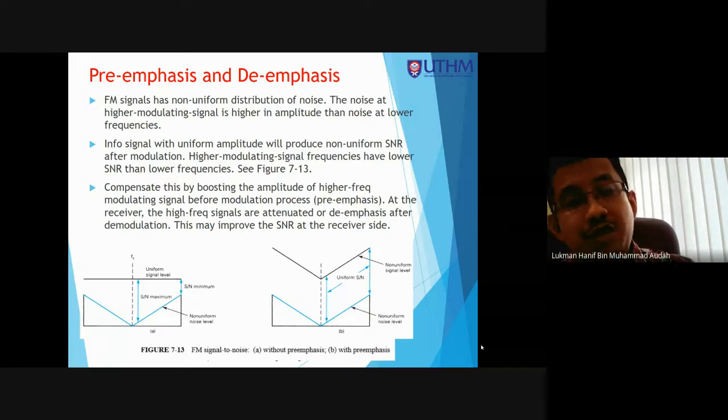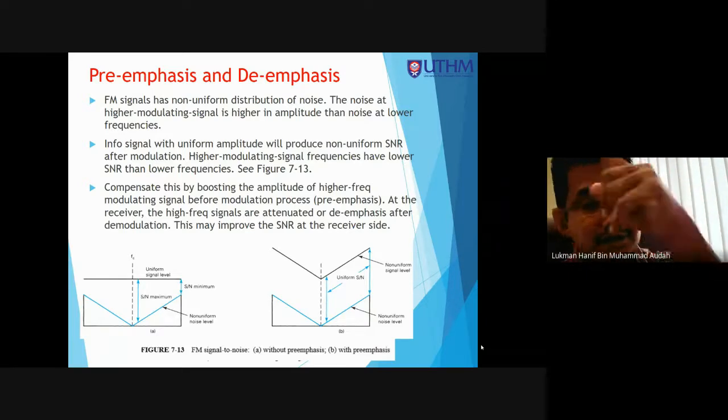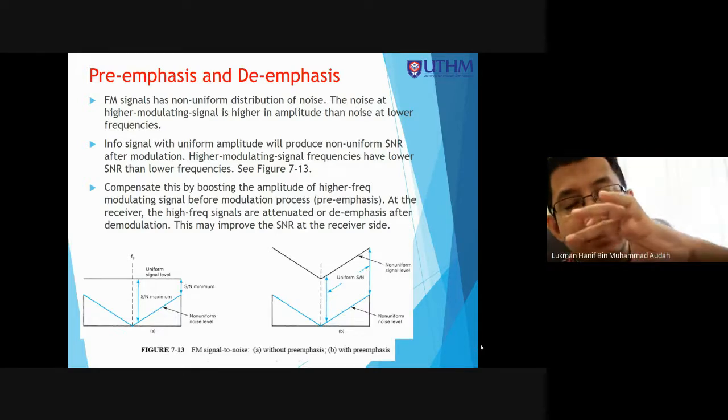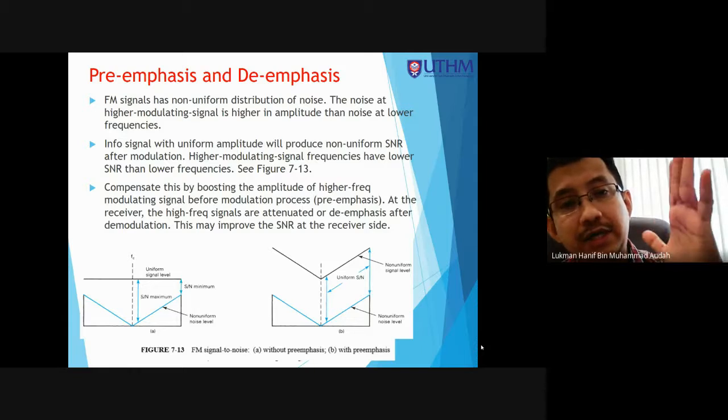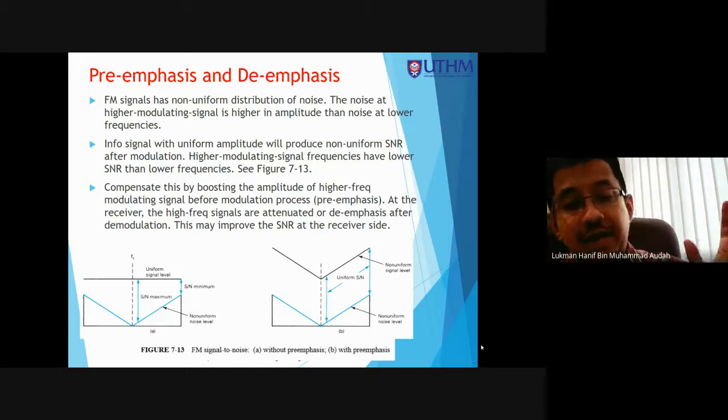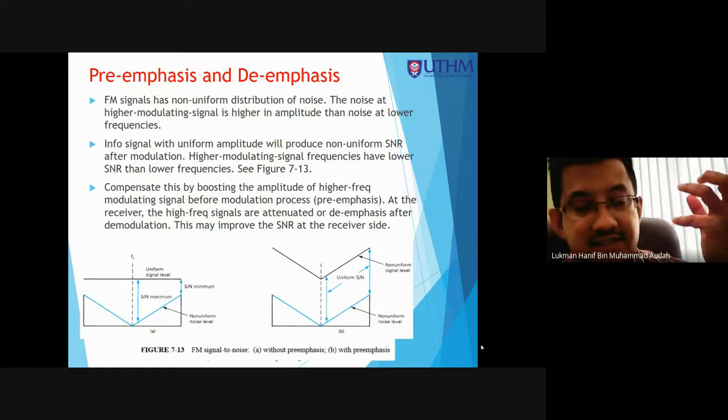And then we reduce it again at the receiver with the same amount of factor. Okay, kalau kita naikkan gandaan 10 pada transmitter, bermakna dalam receiver kita perlu kurangkan semula pada kadar yang sama supaya kita dapat signal yang asal.